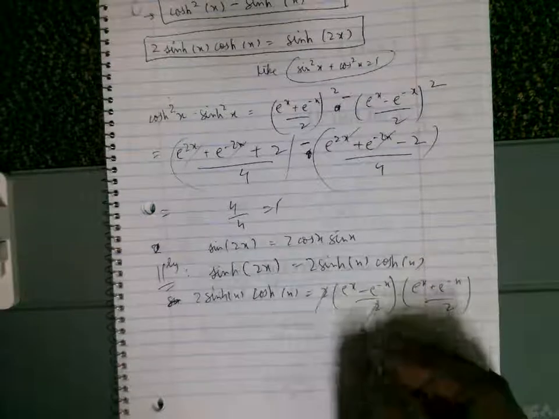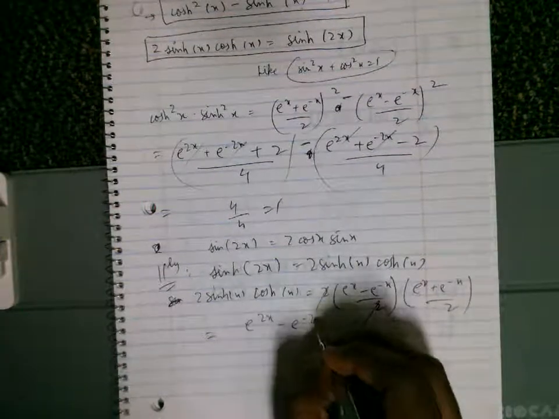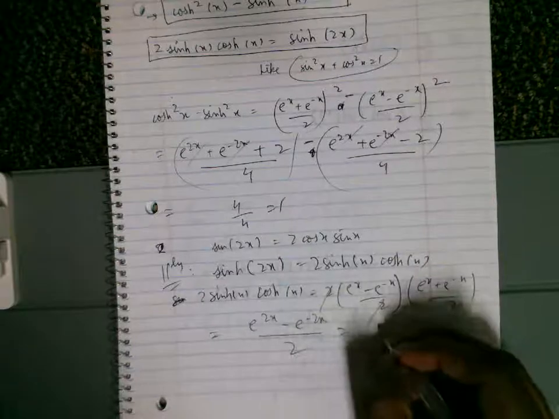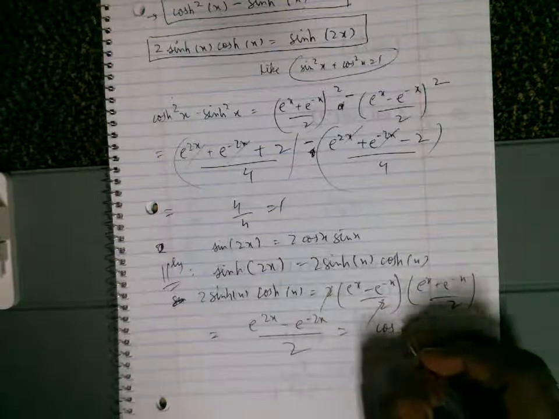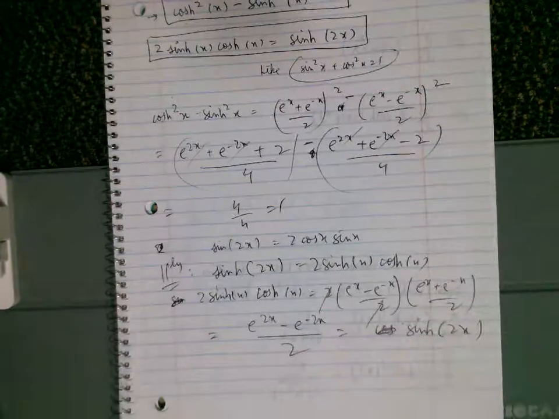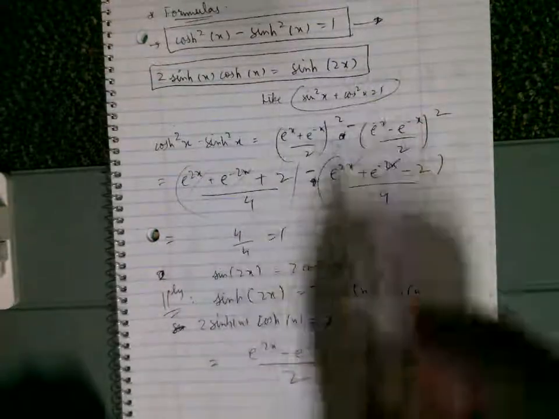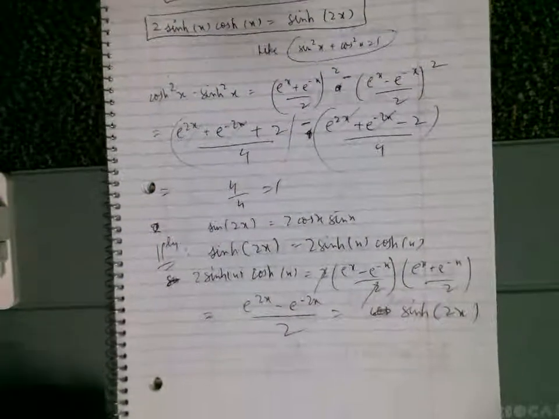So this becomes (e^(2x) minus e^(-2x)) by 2, which is equal to sinh of 2x. So we have this formula: 2 sinh x cosh x is equal to sinh 2x.